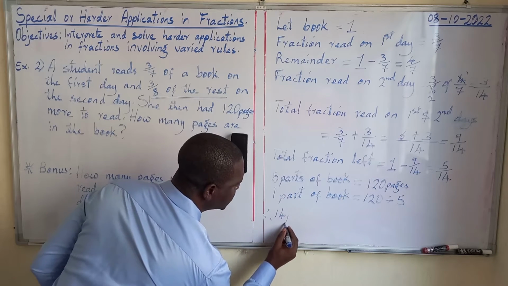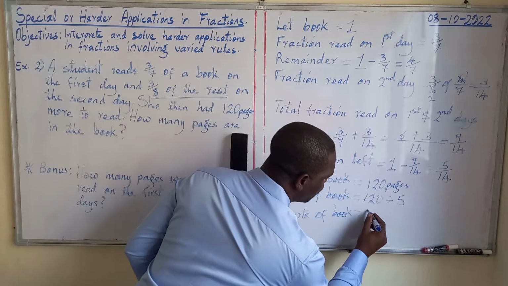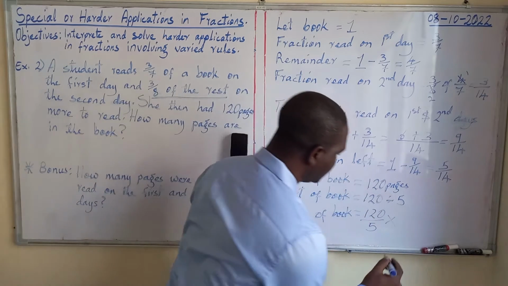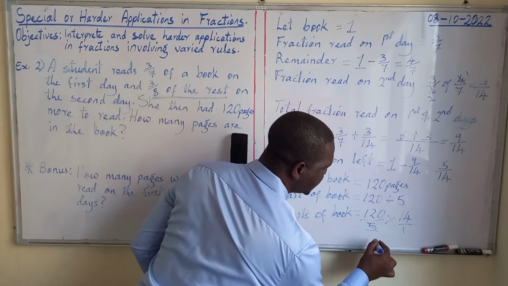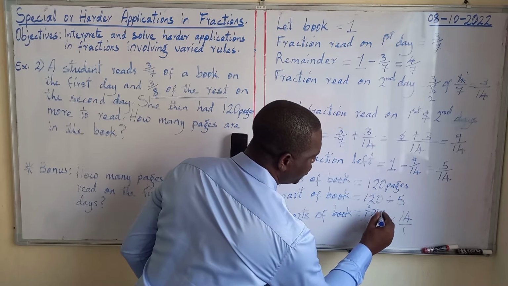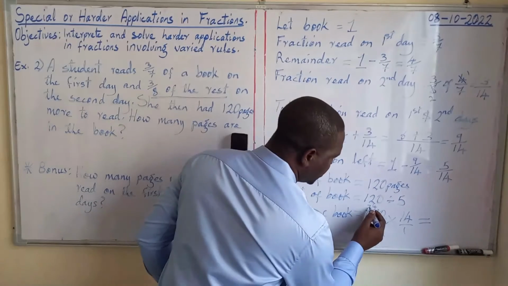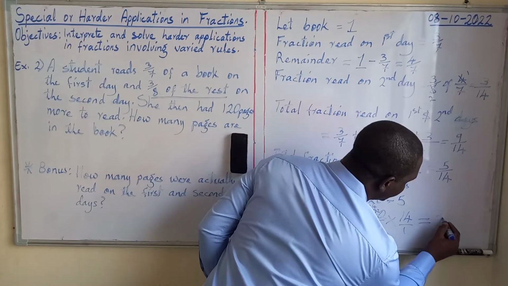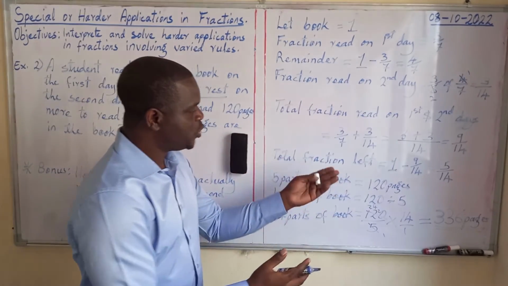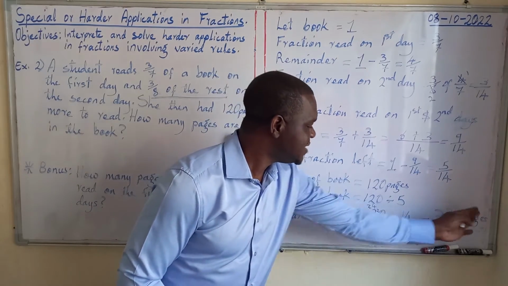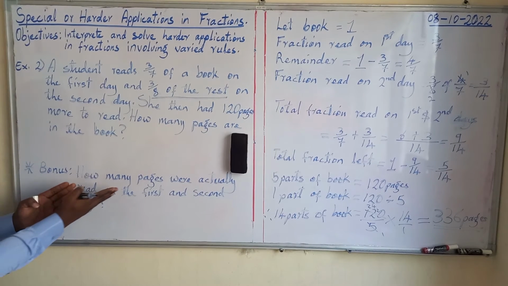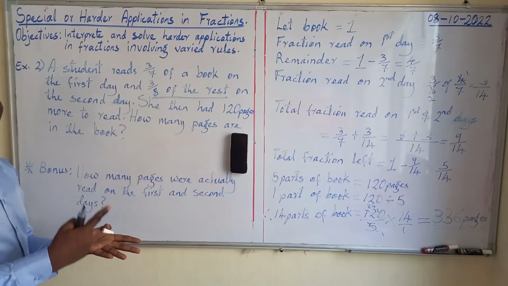Therefore, 14 parts of book will be equal to 120 pages divided by 5 times 14 parts over 1. 5 can divide itself 1 time, and 5 can divide 120, 24 times. 24 times 14 will be equal to 336 pages. Therefore, in total, there were 336 pages in the whole book. And with your knowledge here, use it to solve how many pages were read on the first day and on the second day.